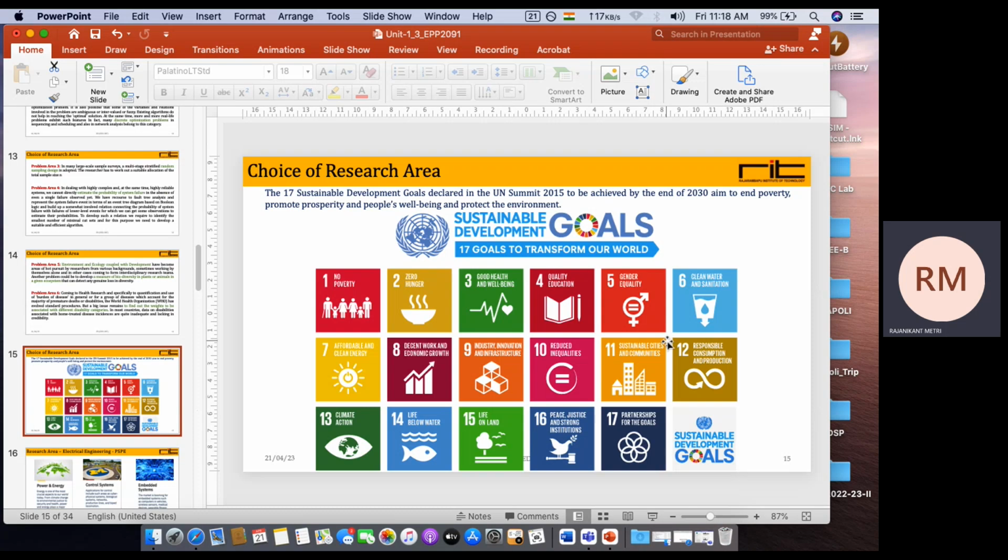So these are some of the broader areas or goals, and through these goals, one can identify the subfields, and from subfields, one can try for the exact research problems in that particular field.